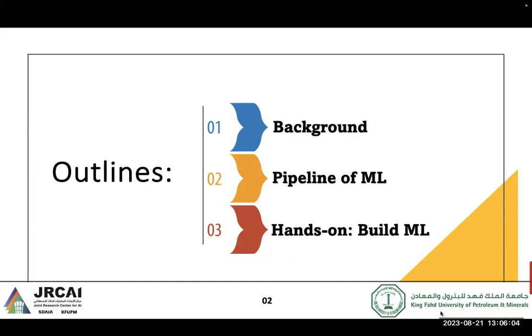The third part will be the practical. Before I give you the materials to apply, I'll go through the code quickly. Of course, it's coding, and some of you are not from this background, so I'll go quickly, and then I'll give you the materials.